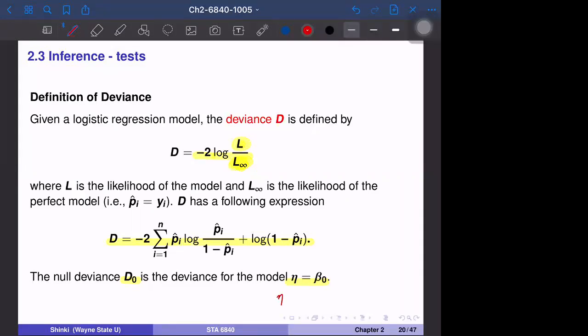So eta is equal to beta naught plus beta 1 x1 up to beta q xq in logistic regression, and e to the power eta over 1 plus e to the power eta is the fitted probability, that is, the probability that y is equal to 1.